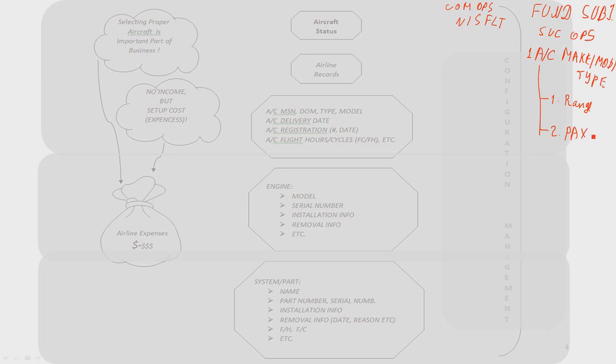Let me explain here. For example, our business model is based on CRJ 700, 900. And a customer or investor comes and tells us to fly from, let's say, New York to Tokyo, Japan, or Shanghai, China, or Delhi, India.